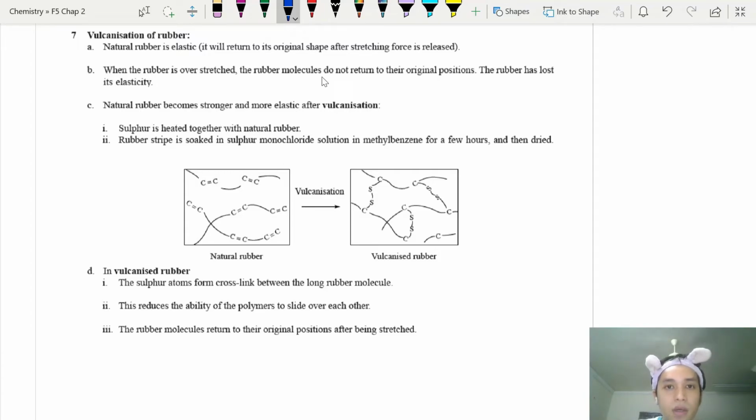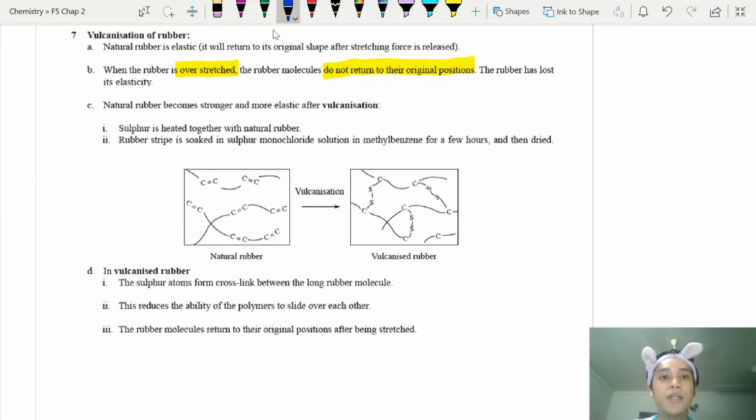Now for natural rubber, for example your rubber band, if you keep stretching or apply a force beyond the elasticity it can withstand, the rubber band won't go back to its original position. That is the disadvantage of natural rubber: when you overstretch it, it does not return to its original position, meaning it no longer has elasticity.